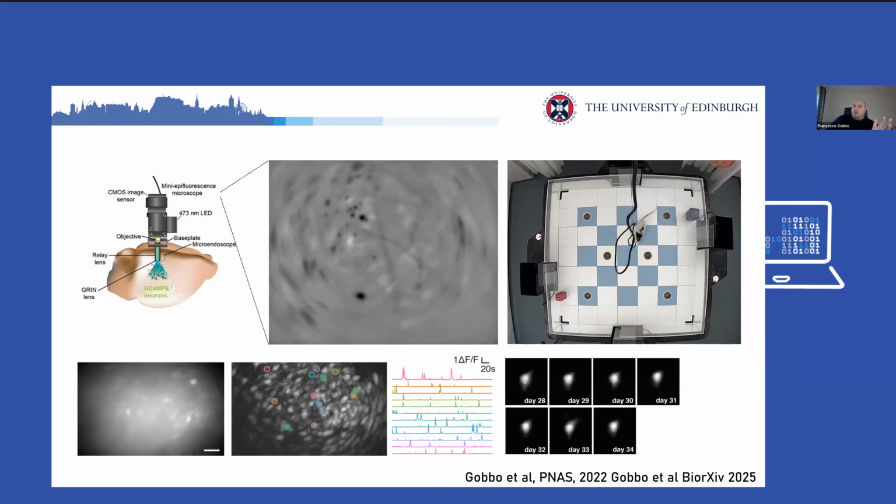Therefore, the confusion between past and future target is hard to disentangle in some experiments. Whereas in ours, we designed an experiment so that animals would retrieve food pellets in a different position every day. So therefore we can really tell apart whether that was an experience of the past or a future action by the animal.